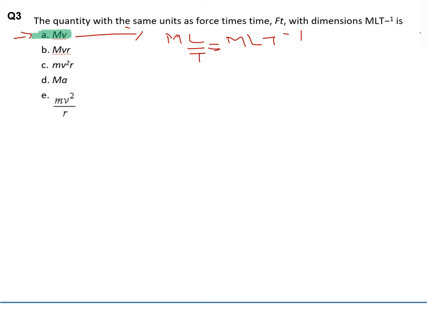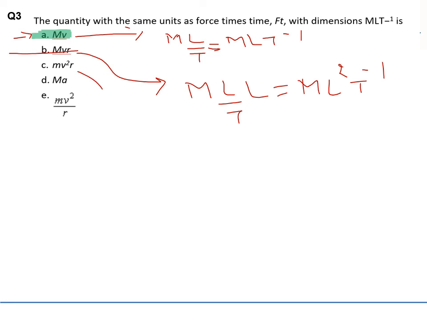Now let's check the other parts. Let's check this B part, mvr. So v is velocity, r is again length. So you have ML²T⁻¹. So that is not the answer. C part, we have mv square.